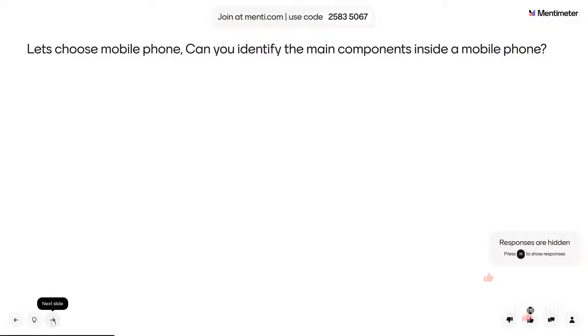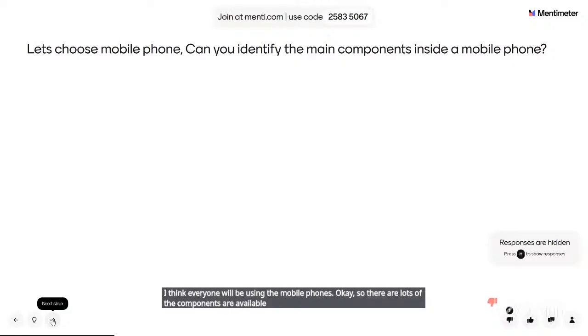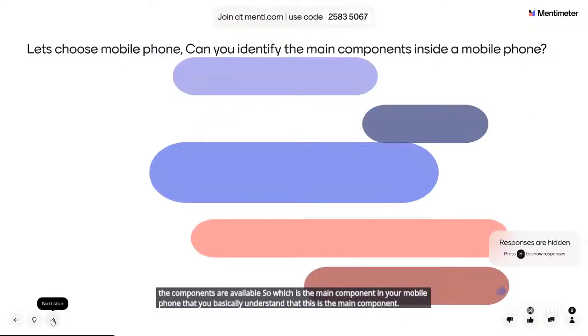Now, I think everyone will be using mobile phones. So there are lots of components available. Which is the main component in your mobile phone that you basically understand to be the main component?